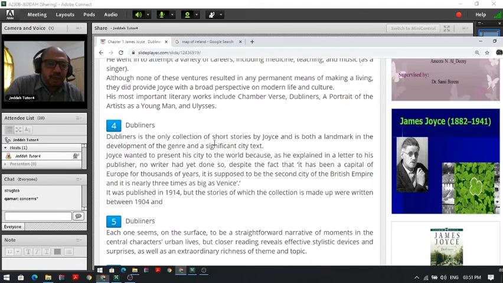So the focus, as you're going to see, would not be on the action, but on the character and what goes on inside the character, the psychology of the character.